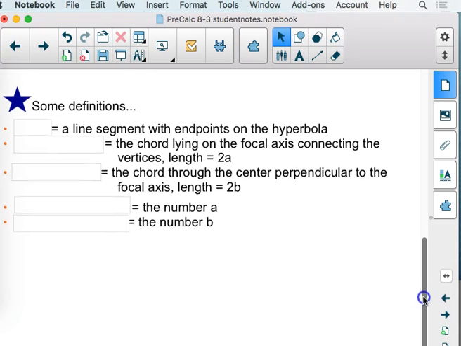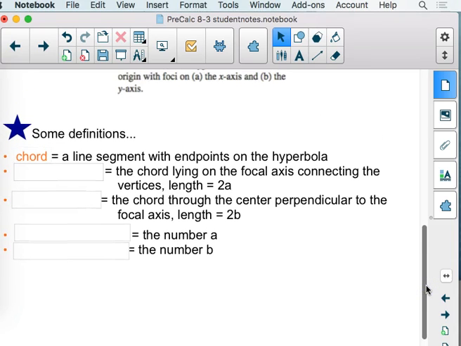Some definitions. We've got a chord, that hasn't changed. We're still looking at a line segment with endpoints on the hyperbola, so a chord on the hyperbola. The chord that lies on the focal axis connecting the vertices, which is length 2a. Well, with ellipses, we call that the major axis, but it's not called that here. I wish the people that did conics would have gotten together and talked about this.